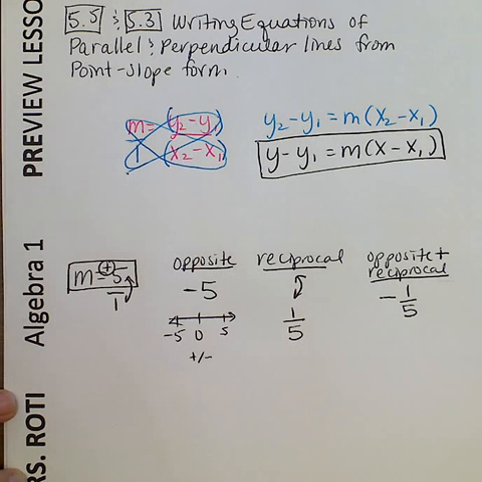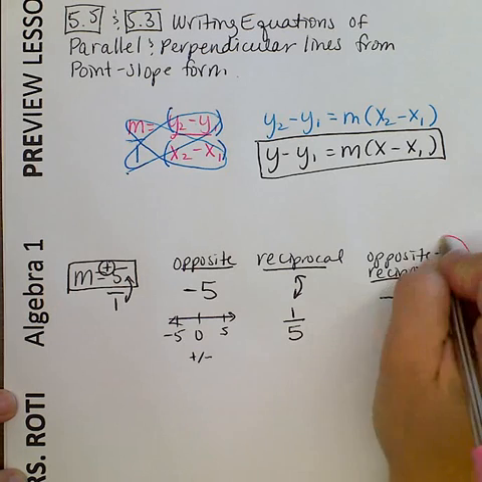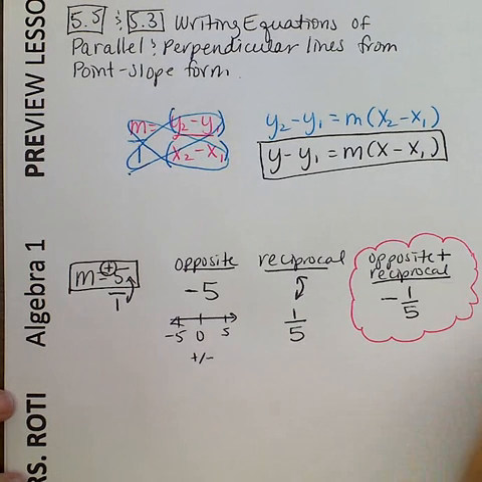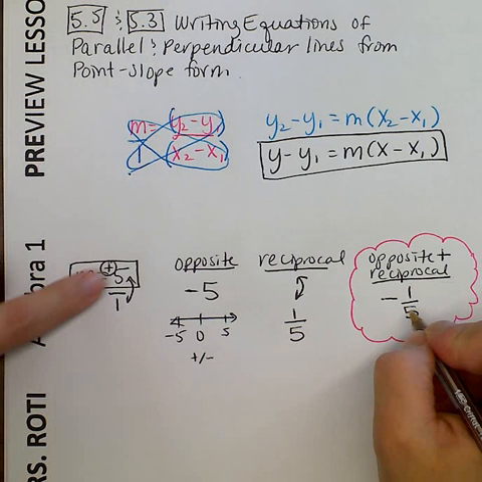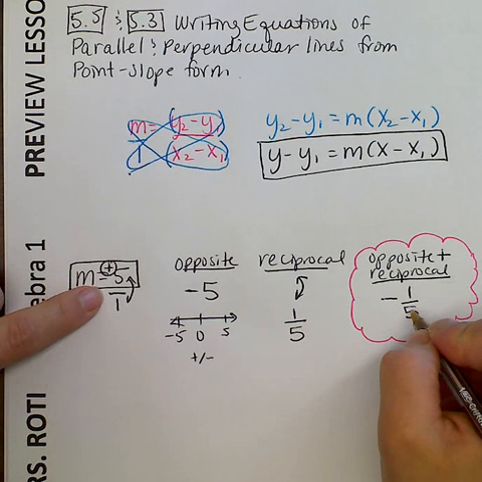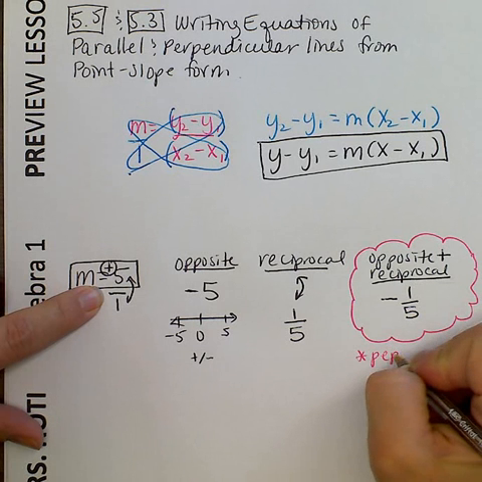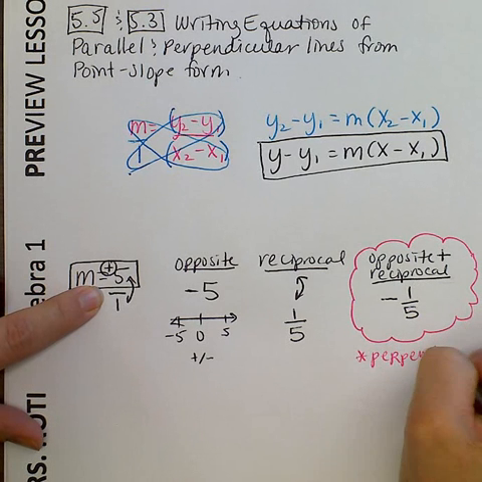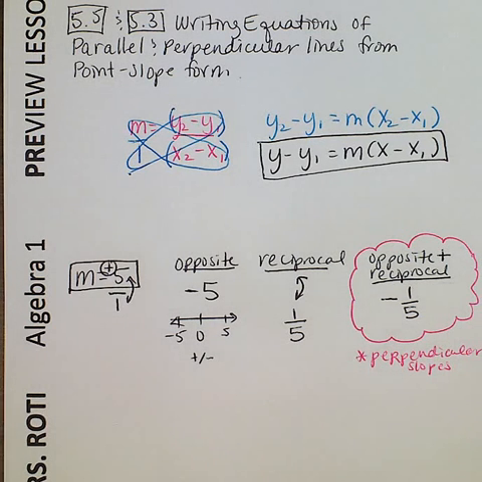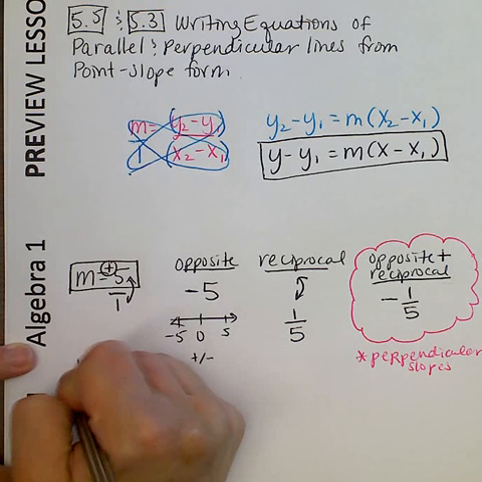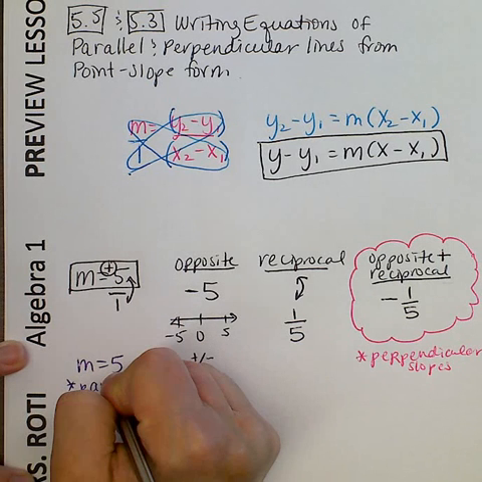Understanding the concept of opposite reciprocal is truly important, because if two lines have opposite reciprocal slopes, those will be perpendicular lines. And if the slopes were the same number, like m equals 5 and m equals 5, those would be parallel lines, parallel slopes.